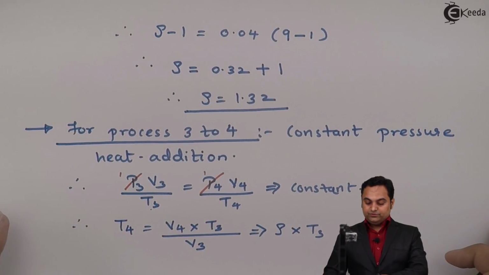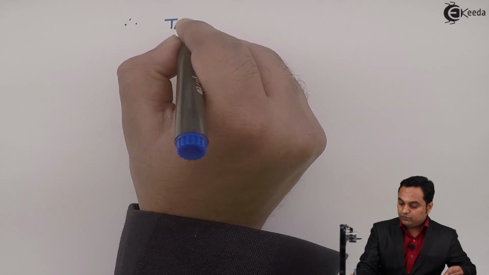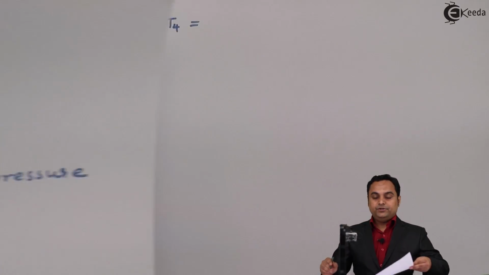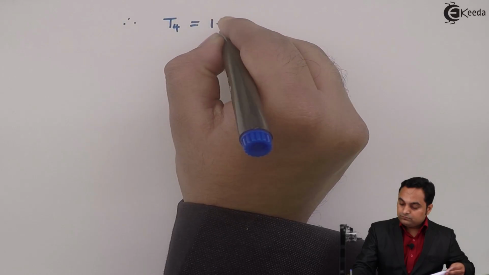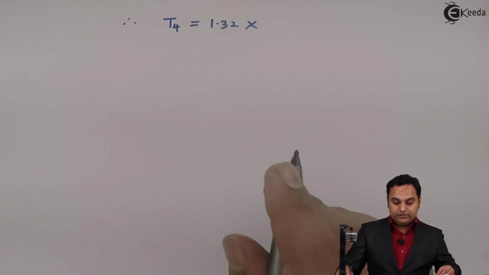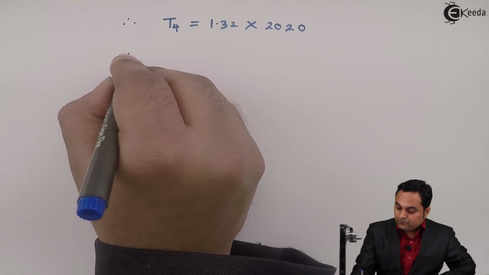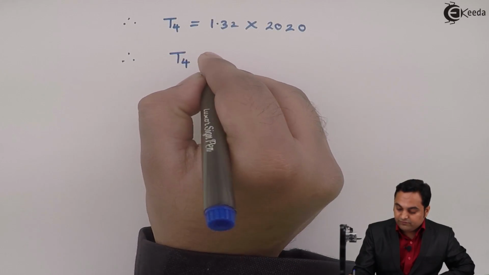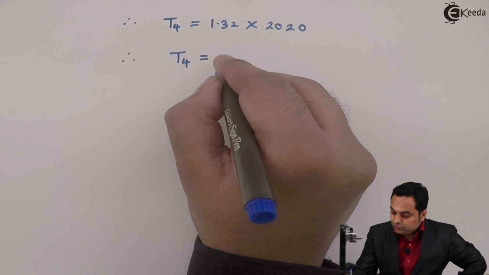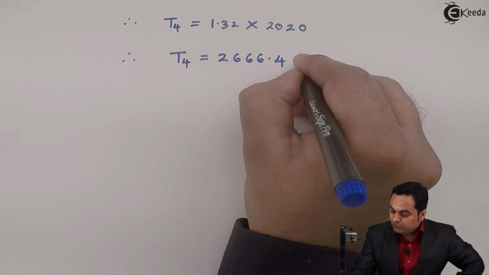Now I'll put the values. T4 will be equal to the rho value 1.32 into T3, which we found out was 2020 Kelvin. So I get the value of T4, and it comes out to be 2666.4 Kelvin.